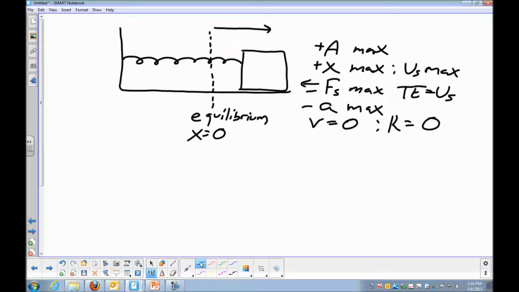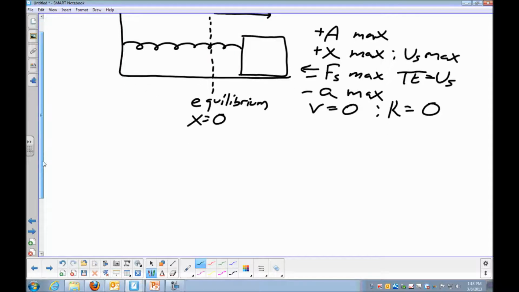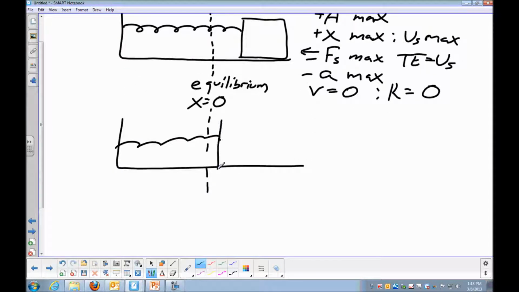What I want to take a look at now is, when I let this box go, or as it's moving to the left, what is happening. Let me take a second and redraw this example. So now the box is moving to the left. We're not at maximum amplitude. We're not at our equilibrium point. So what does this mean? This means we're still on the positive displacement, but it's not a maximum.